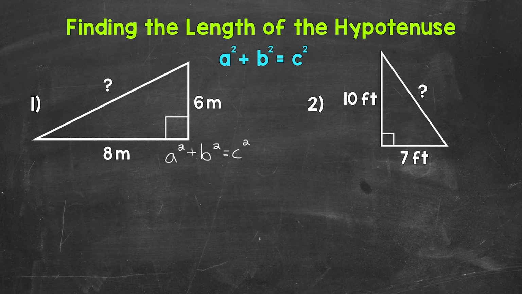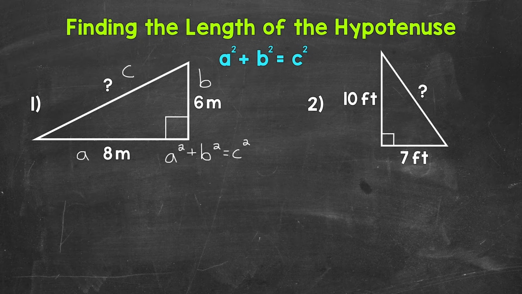the hypotenuse. Now again, c is always the hypotenuse, so this is c, and then the legs are a and b. Let's make this a and this b. Now keep in mind, it does not matter which leg is a and which leg is b.